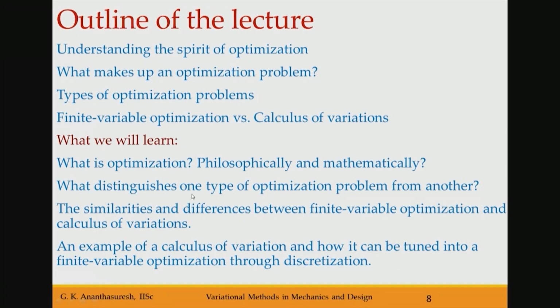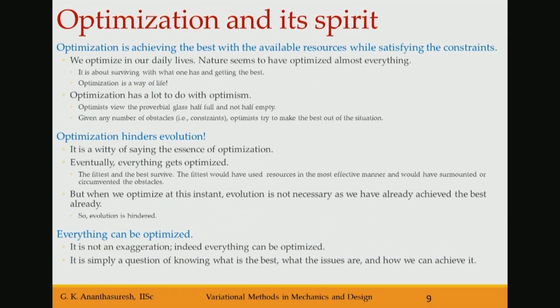We will learn a number of things. First of all, we will understand philosophically and mathematically, analytically, what optimization means, and then we want to be able to distinguish among the different types of optimization problems, what the similarities and differences are, and we will consider some examples so that we are able to appreciate the difference between finite variable optimization and calculus of variations problems. So, what is the spirit of optimization?